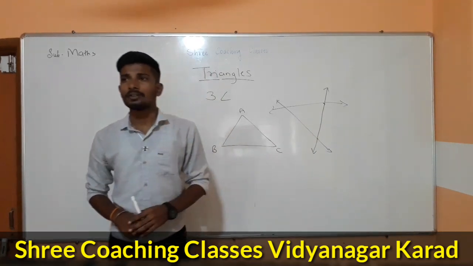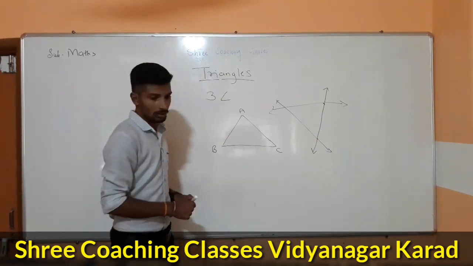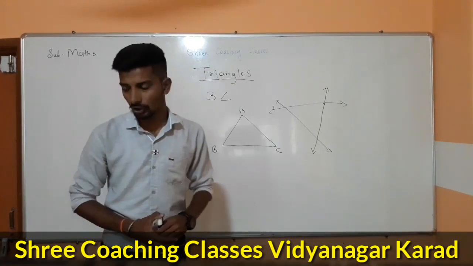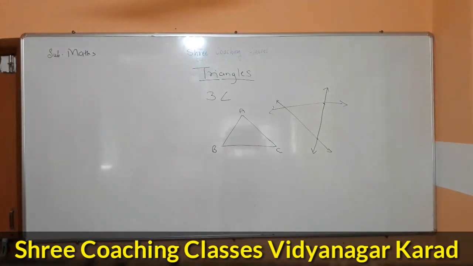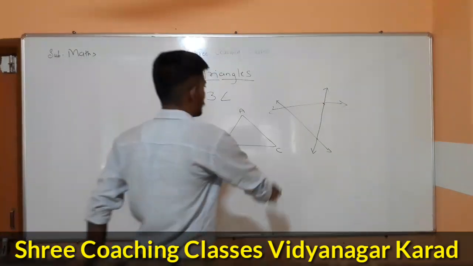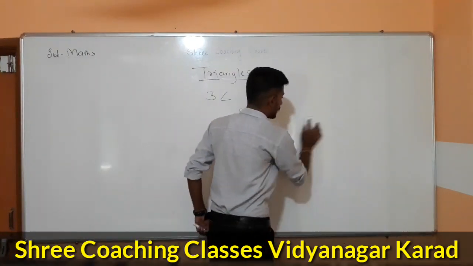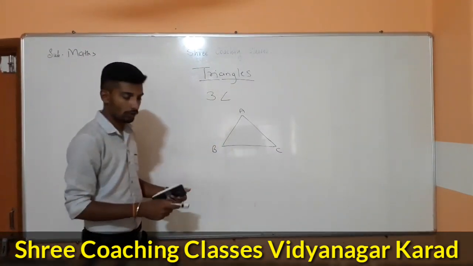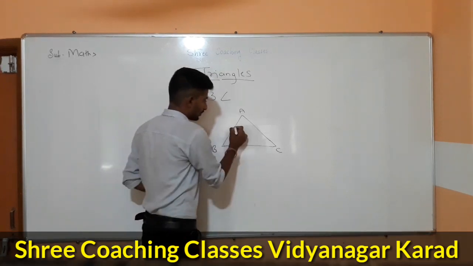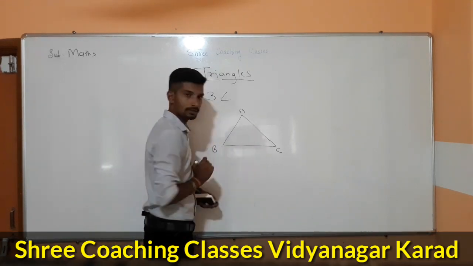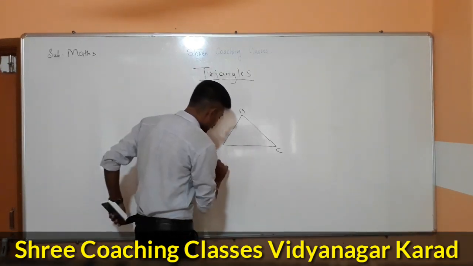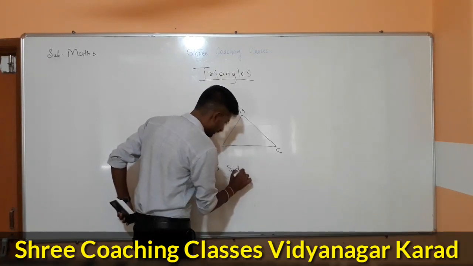Now we will see the properties of triangles. What are the properties? Here there are three sides: this one, this and this. How many sides? Three sides.